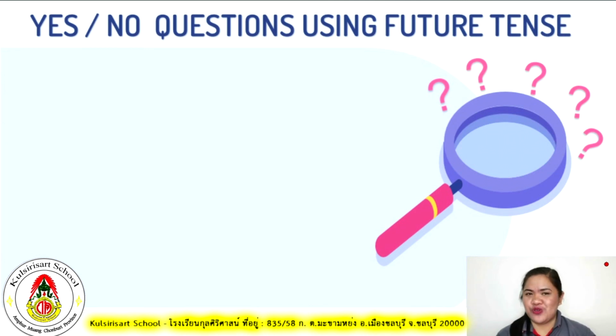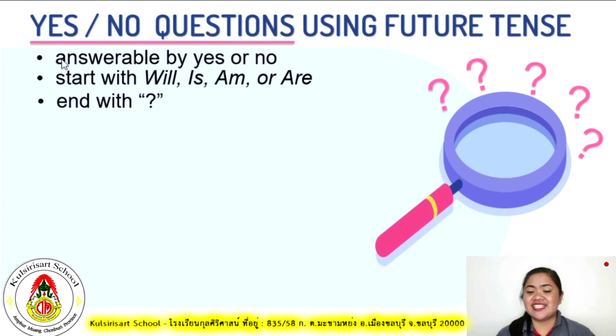We will be talking about the specific question, yes or no question. When we talk about a yes or no question, what does it mean? It means it is answerable by yes or no. The answer for that should be either yes or no.